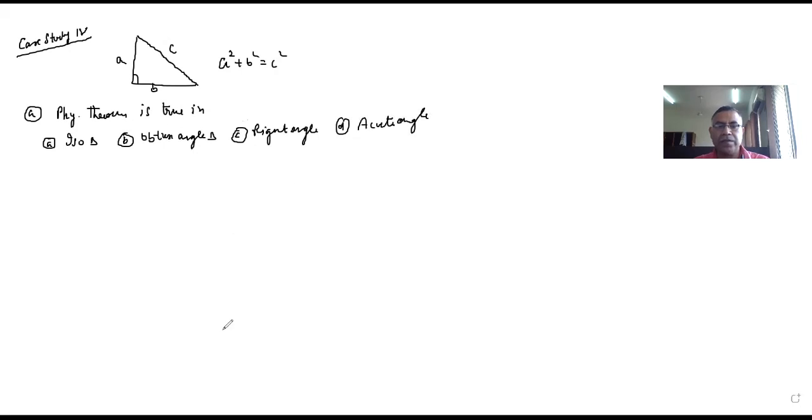Yes, sir, option C, right angle. Option C, right angle. Perfect, absolutely right, because in Pythagoras theorem, we start with a right angle.